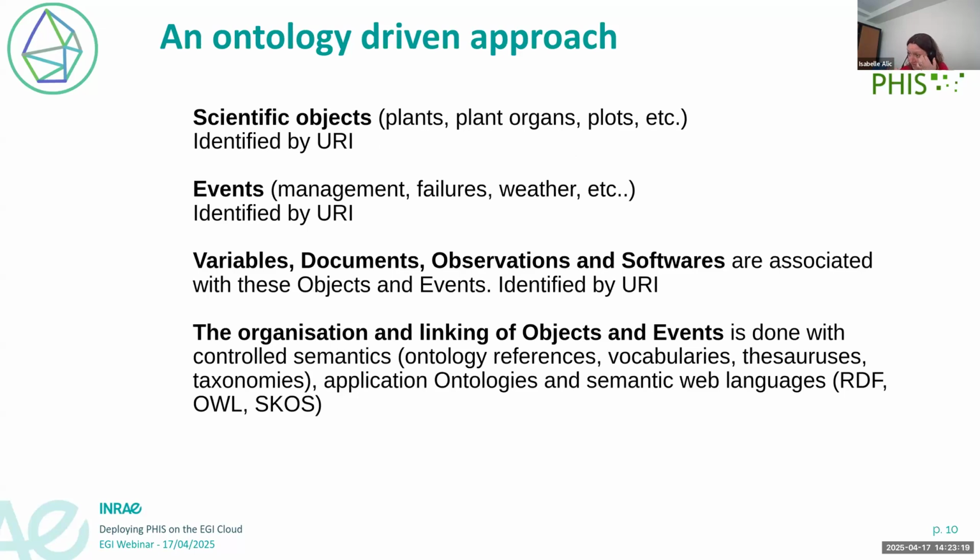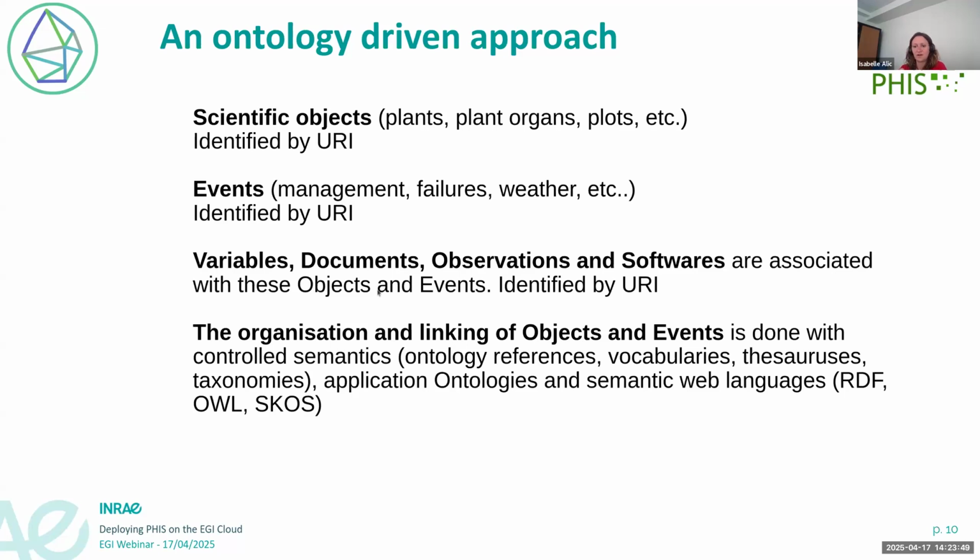And then we declare the variables you're going to measure, the documentation about an experiment device or anything, the observations, the softwares, the devices, everything will be declared and identified by URI, and they will be associated with the objects and the events.